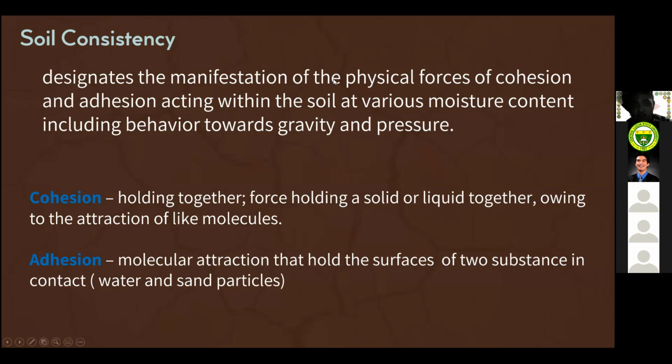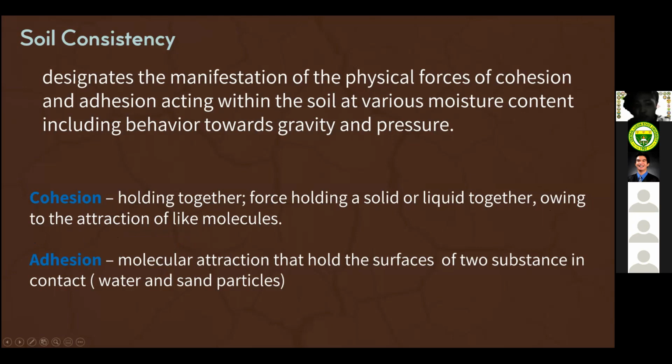Okay, so what dictates this is what we call cohesion and adhesion. This is one of the most important topics; in our batch, this part was asked several times. So cohesion is the force holding a solid or liquid together owing to the attraction of like molecules.